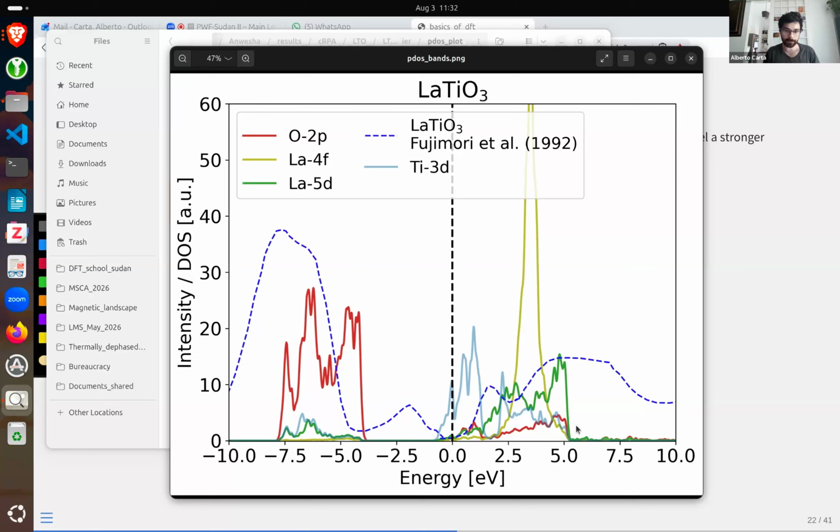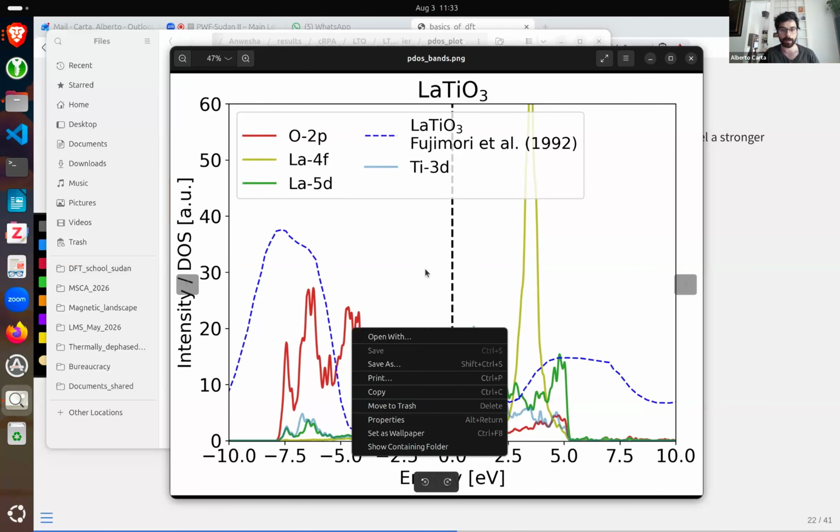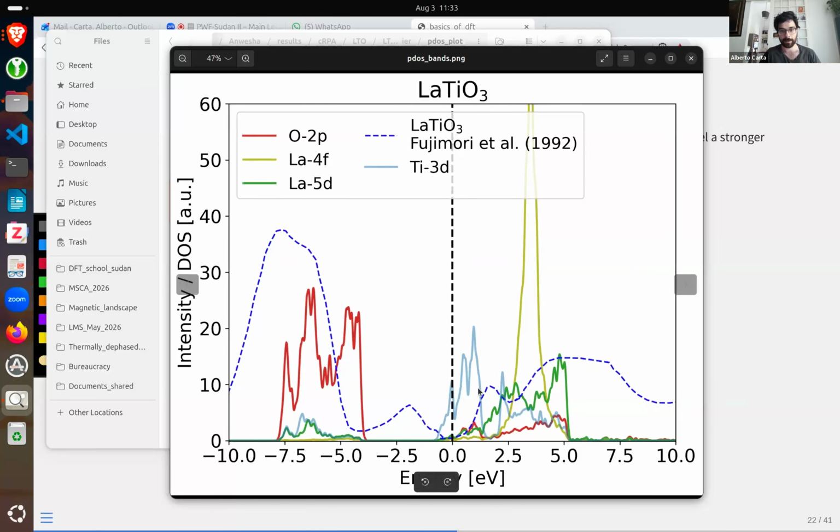For the real system, you can read it the same way. The Fermi energy is in the middle of the gap, and so the system is insulating. But DFT instead predicts a metal, because DFT predicts that the titanium states are going to be crossed by the Fermi level.